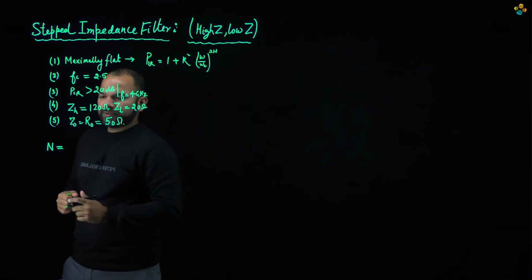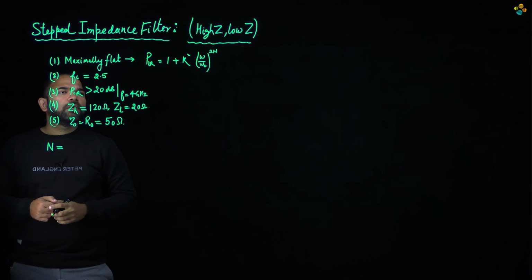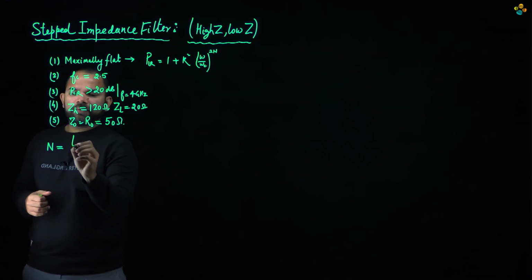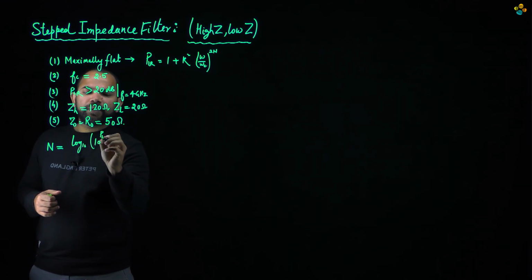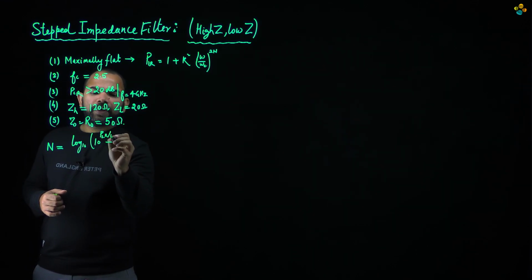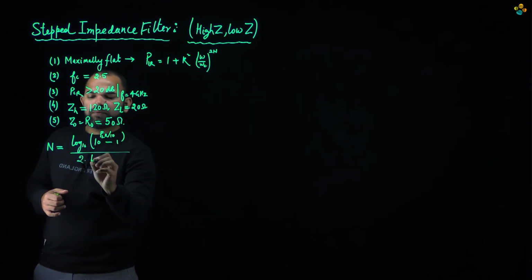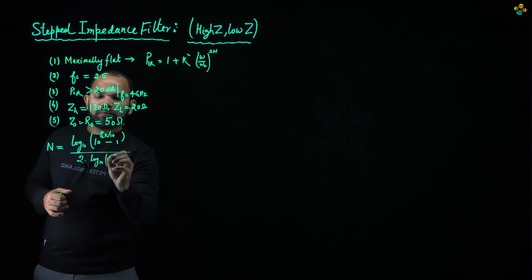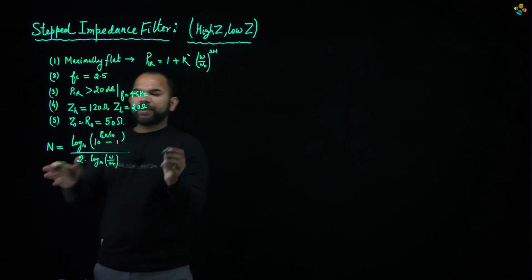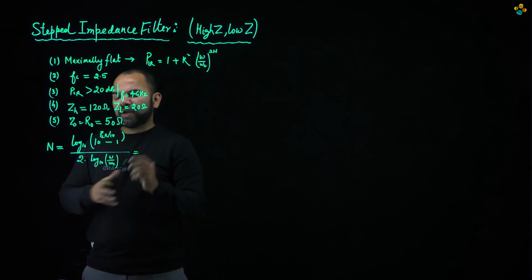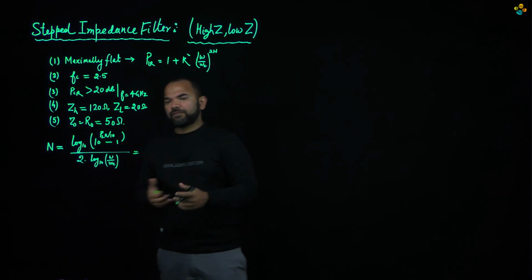If we solve this equation for the order, we find the order can be calculated as 10 to the power PLR by 10, minus 1, divided by twice log 10 of omega upon omega c. So while putting in all these values, we can get the order.